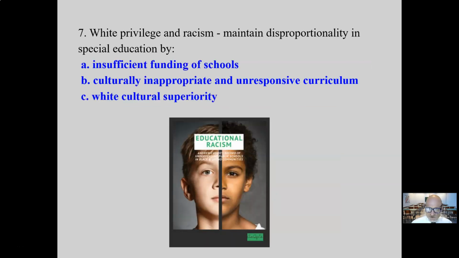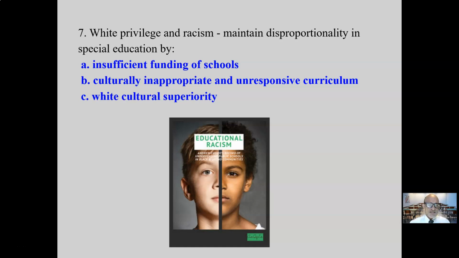White privilege is maintained by insufficient funding of schools primarily attended by African American students, by culturally inappropriate and unresponsive curriculum, and by white superiority. White superiority is: these are the values that I hold, you should hold them too.